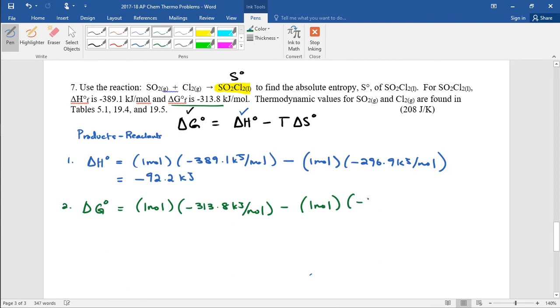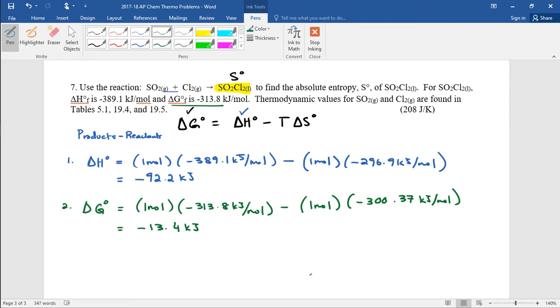That's going to be negative 300.37 kilojoules per mole, and that gave me the answer of negative 13.4 kilojoules. So delta G standard for this entire reaction is negative 13.4 kilojoules.